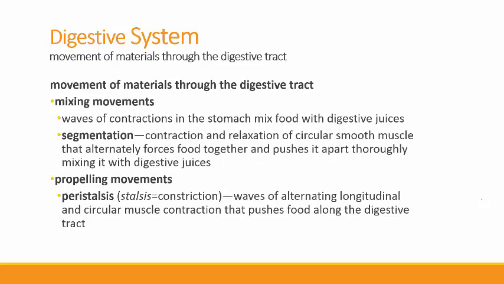If you're looking in your book at figure 17.4, and we're looking at B here, where we have the tube and the yellow and blue material that's in the tube. So constriction forces the material that's being digested toward each other.